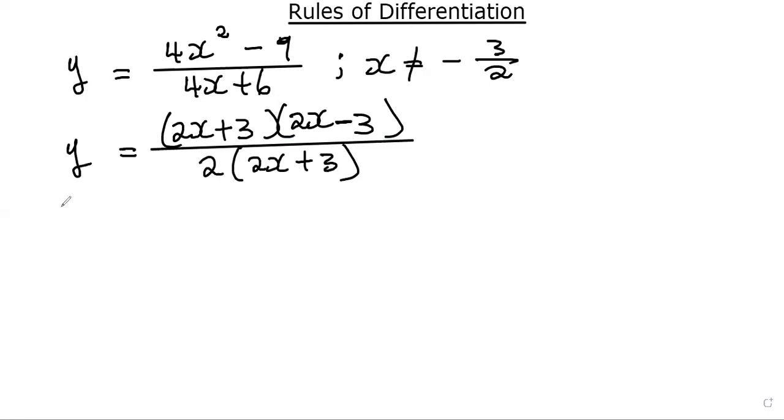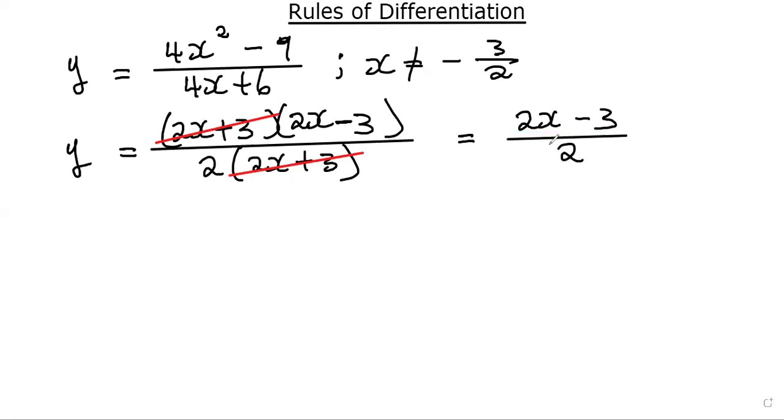And after taking 2 out as the highest common factor, we simply get 2x plus 3 inside the bracket. And these 2 will cancel out. And after they cancel out, we are now left with 2x minus 3 divided by 2.